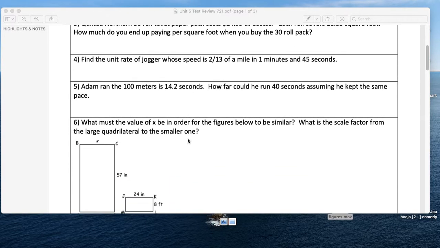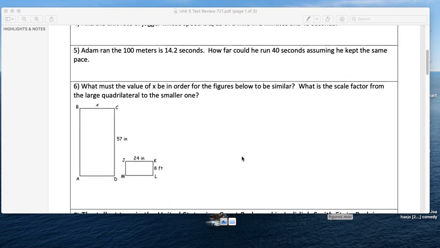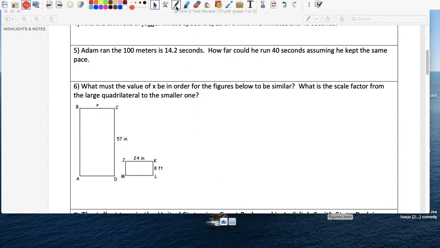7. Okay, so we just did this. Let's match the corresponding sides. Remember that this rectangle is sideways, so be careful with that. This side's corresponding side in the smaller rectangle would be this, and this side corresponds with that. So let's write our proportion. Let's call this new and this old; it doesn't really matter.